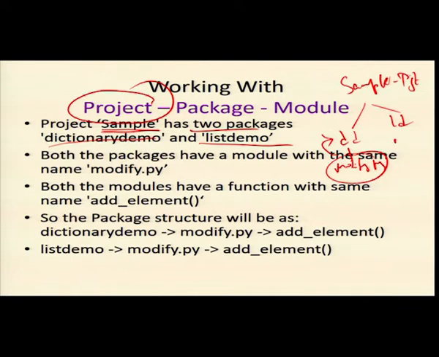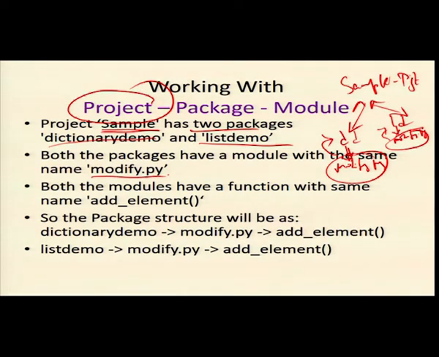Here again you have modify.py, which is available inside the package called list demo, and both dictionary demo and list demo are part of the project called sample. So, from sample I am getting down to dictionary demo and list demo. Inside dictionary demo I have a module called modify.py. Inside list demo I have a module called modify.py.